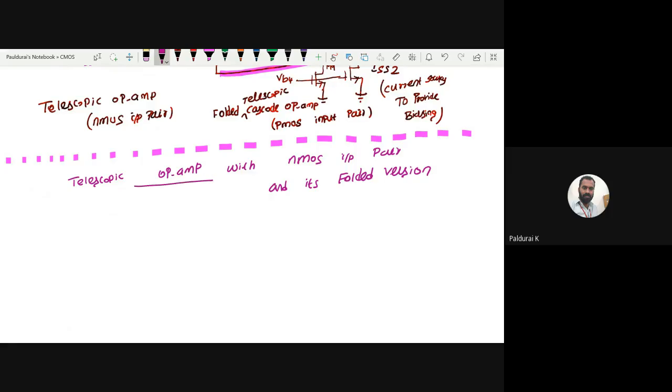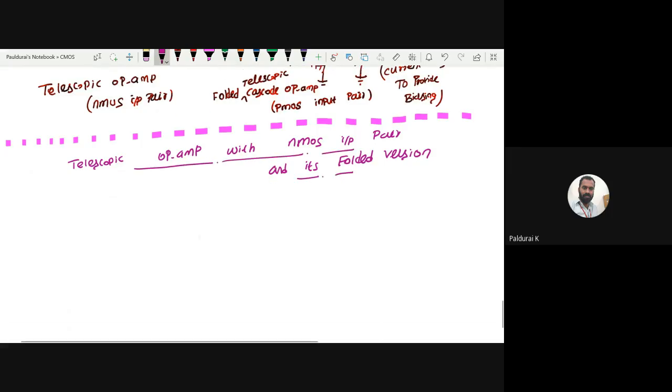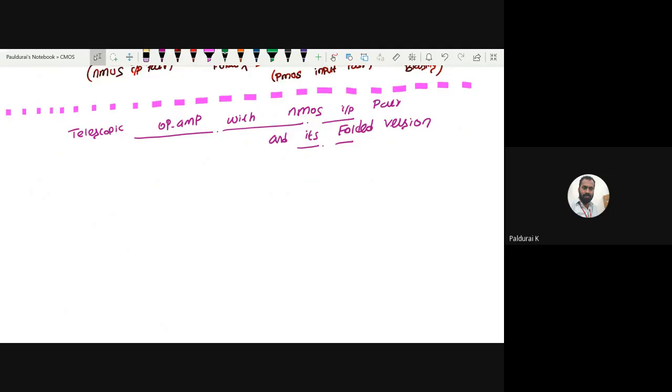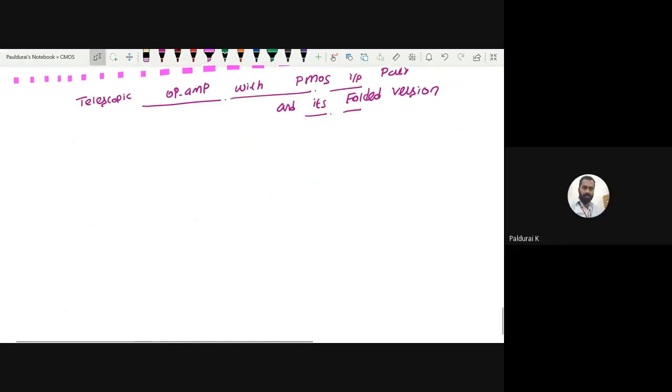Okay, so first let me sketch the telescopic op amp with NMOS input pair. Sir, sorry, we just saw NMOS, right? Next is PMOS. Don't get angry. Okay, so PMOS input pair, right? So let me sketch the telescopic op amp with PMOS input pair.